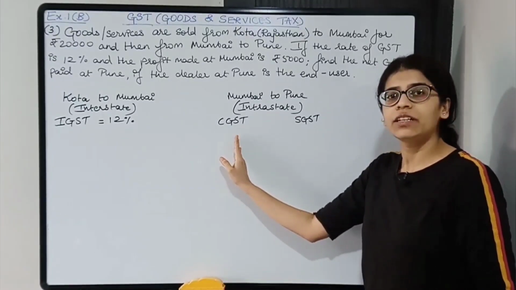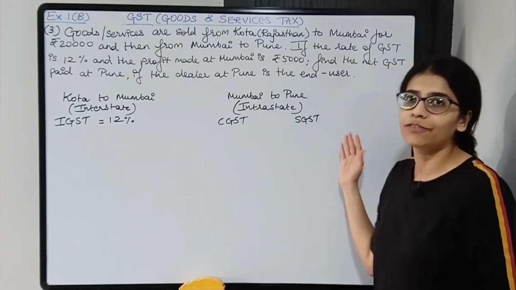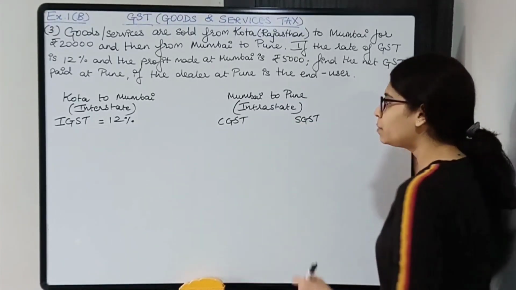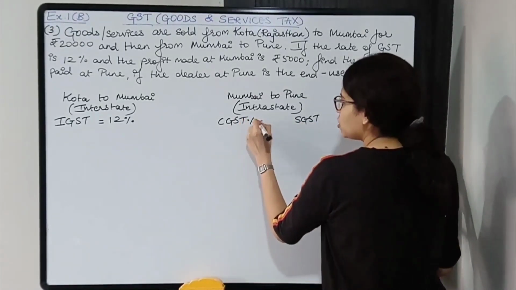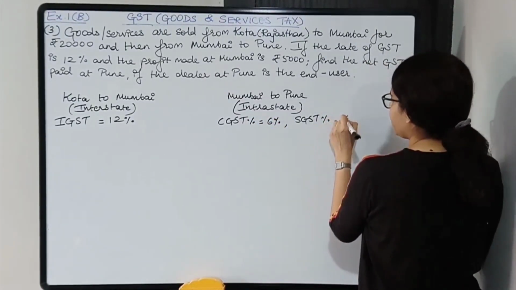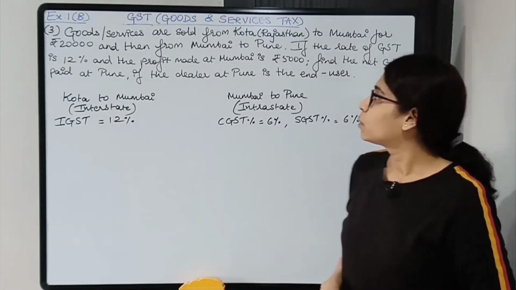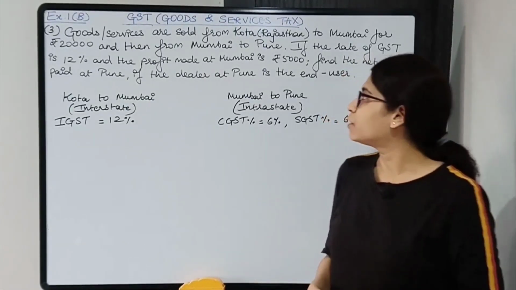Here you have to split the 12% into 2 equal parts. So half is CGST, half is SGST. 6% will be CGST and 6% will be SGST.